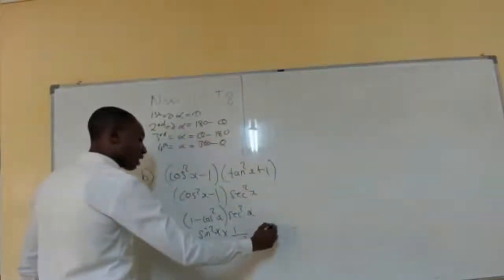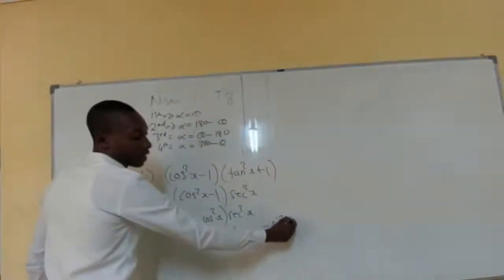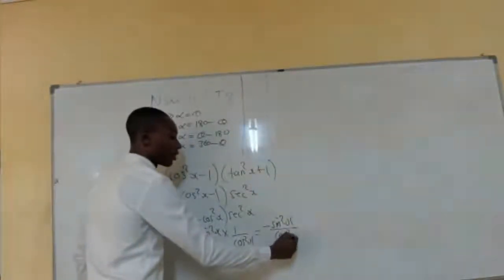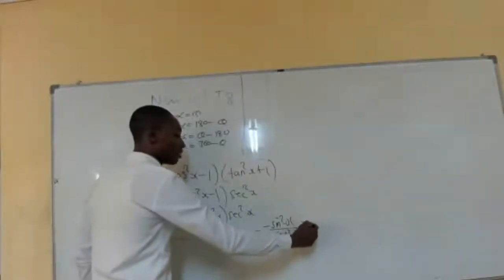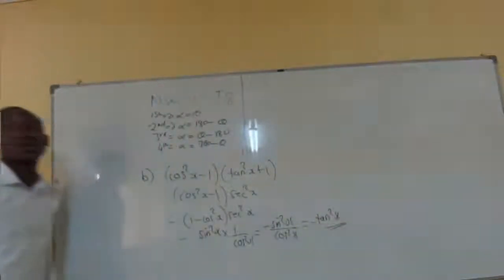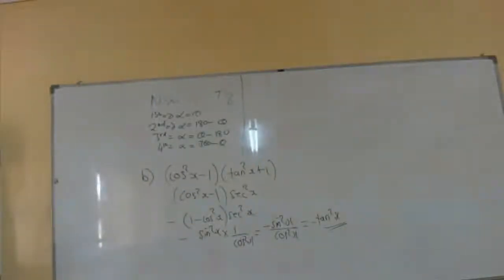This ends up being negative sine squared x over cos squared x. Your answer being negative tan squared x. Right, so your answer ends up being negative tan squared x.